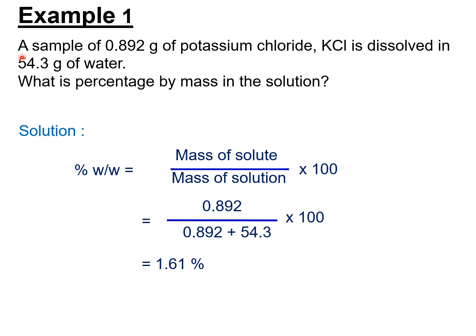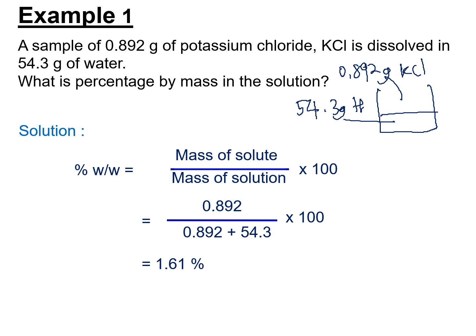For example, a sample of 0.892 of potassium chloride, KCl, is dissolved in 54.3 gram of water. So what is the percentage by mass in the solution? Okay, so basically, you macam ada beaker here, and then you add 0.892 gram of potassium chloride, and then you dissolvekan dia di dalam the 54.3 gram of water.